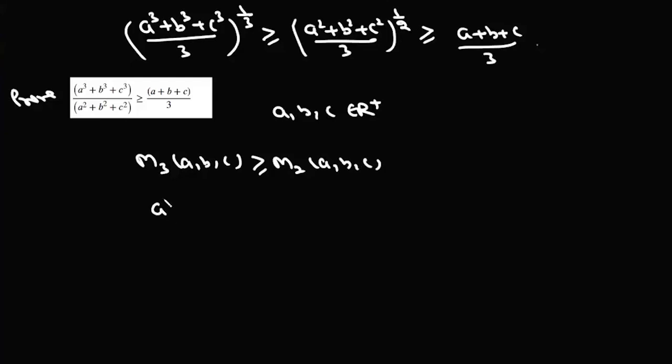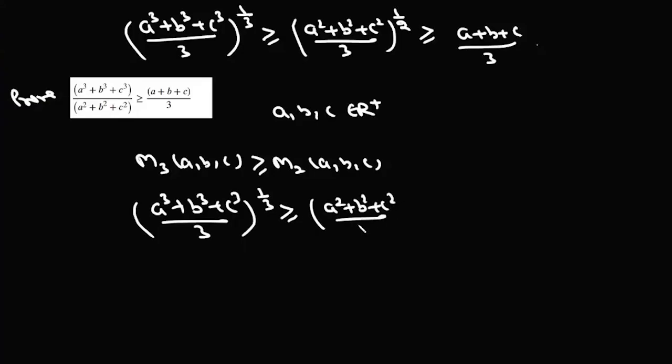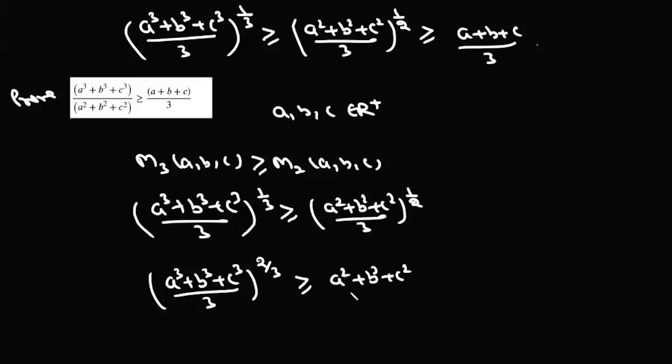So we can write (a cube plus b cube plus c cube upon 3) to the power 1 by 3 is greater than or equal to (a square plus b square plus c square upon 3) to the power 1 by 2. Now if we take square both sides, then we can write (a cube plus b cube plus c cube upon 3) to the power 2 by 3 will be greater than or equal to (a square plus b square plus c square) upon 3. So that's our first inequality relationship.